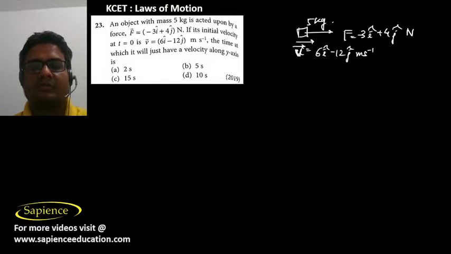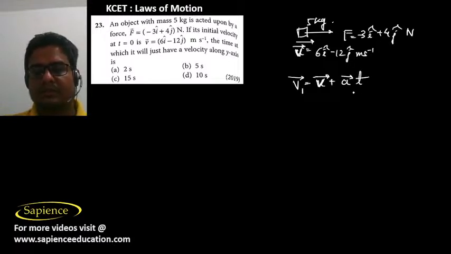So now, we can say that the final velocity, let's say it is v1, will be equal to v plus at, where v is the initial velocity here and v1 is the final velocity.